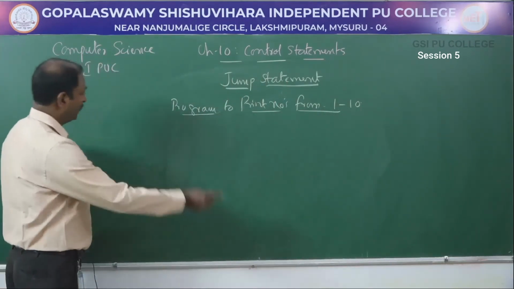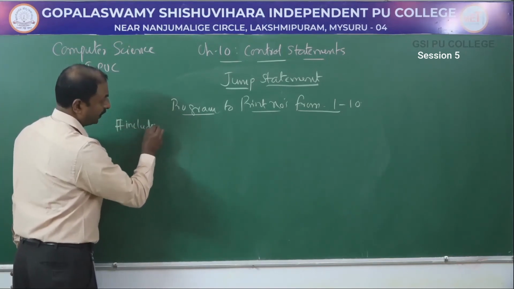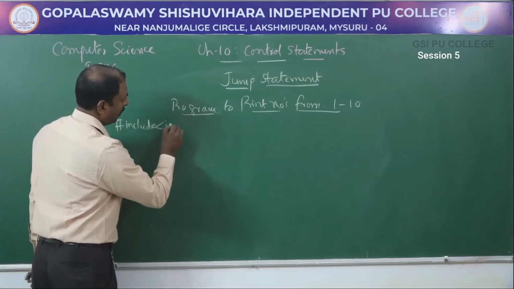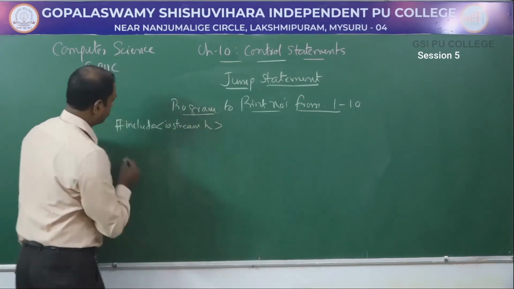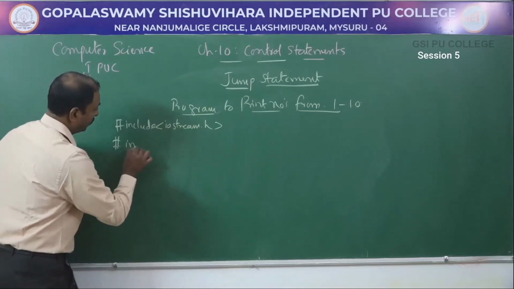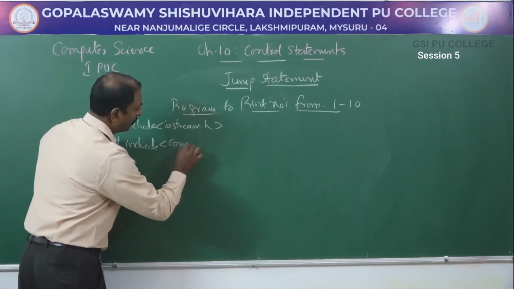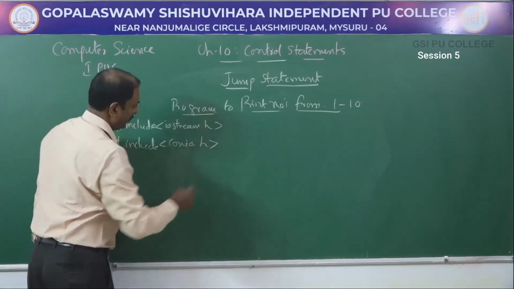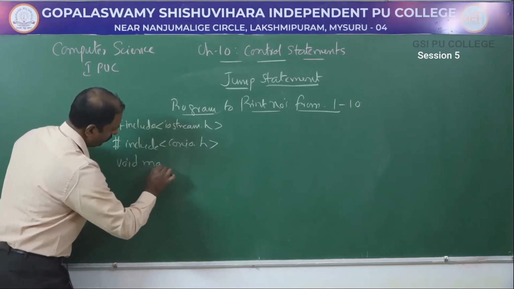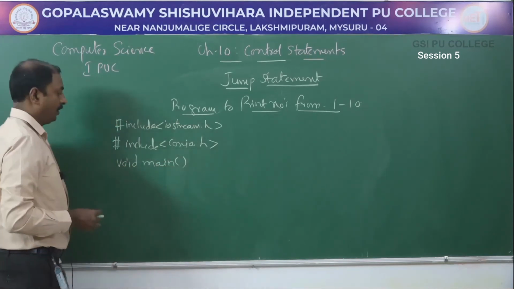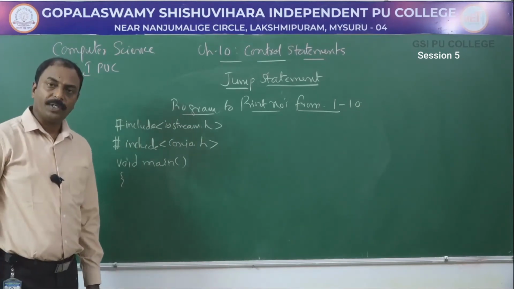In this program we can make use of the break statement. The program starts with the header files #include <iostream.h> and #include <conio.h>. Then void main. Here is a program to print numbers from 1 to 10.